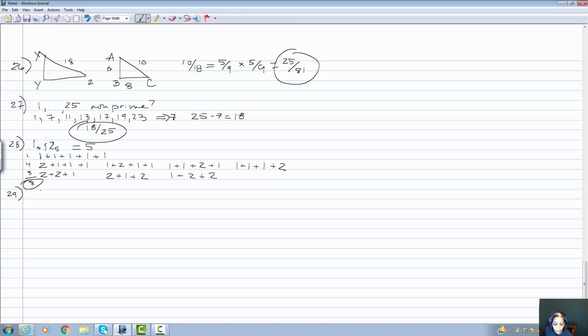29. This one I think is best to do on a coordinate plane because we're talking about this bus that's taking no curves, actually it's only taking right angles.